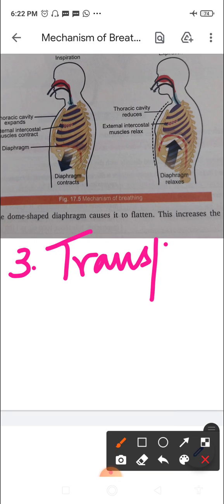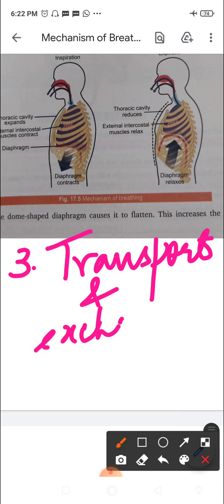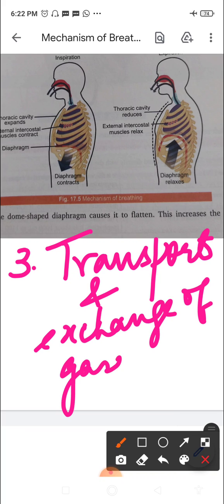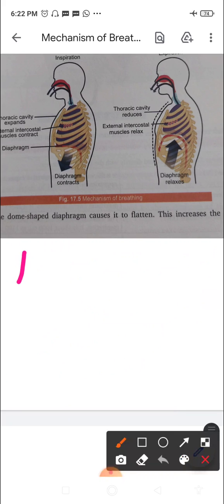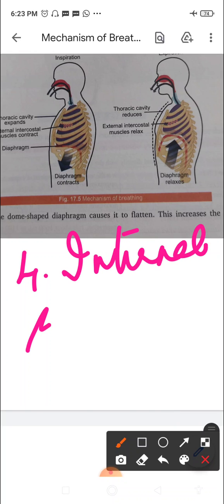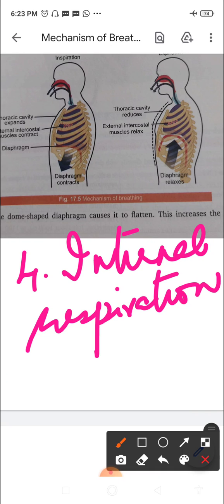And once this has taken place, the fourth step is internal respiration.